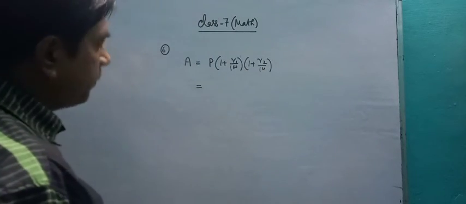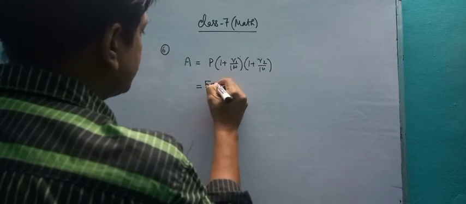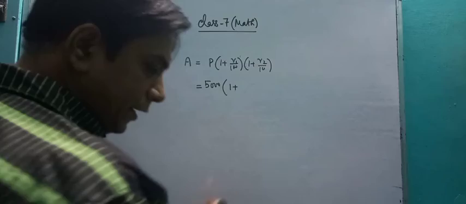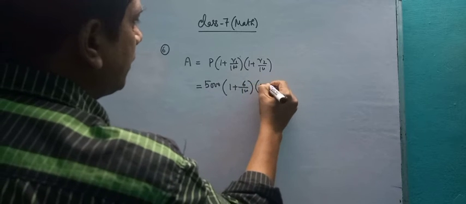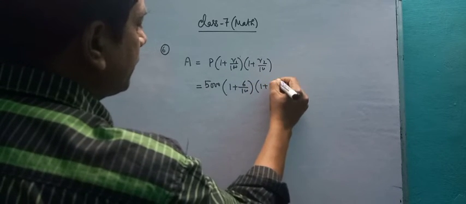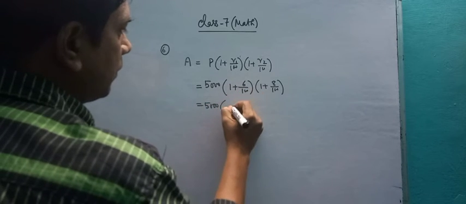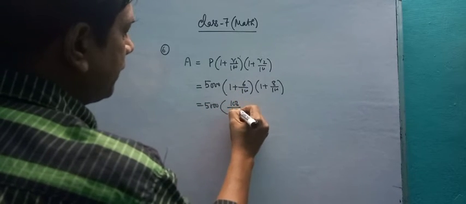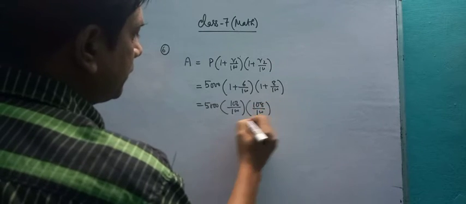So what is the principal? Principal is 5,000. What are the rates of percent? 6% and 8%. 1 plus 6 by 100, 1 plus 8 by 100. Okay, then 5,000, 106 by 100, 108 by 100.